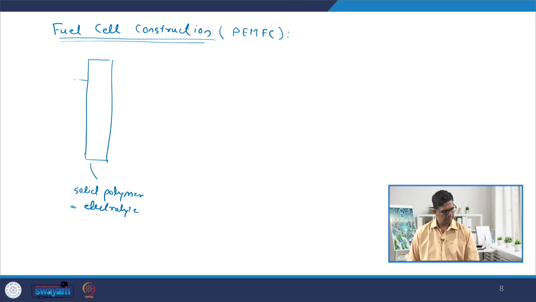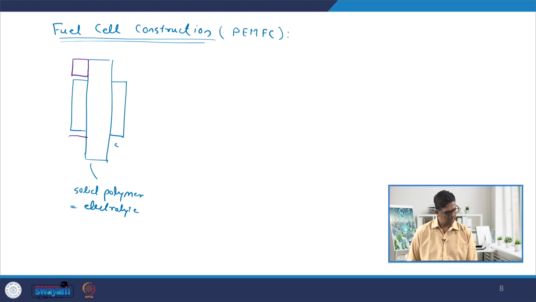Then we have electrodes on both sides. This is our anode and cathode. We also have gaskets, or let me draw it with different colors.